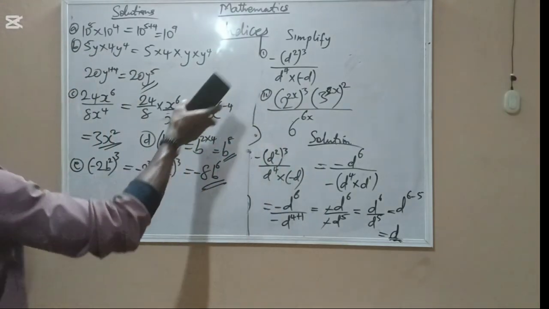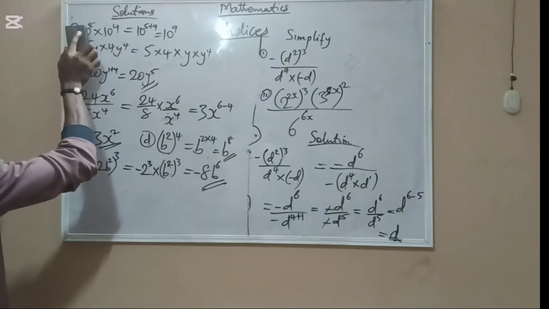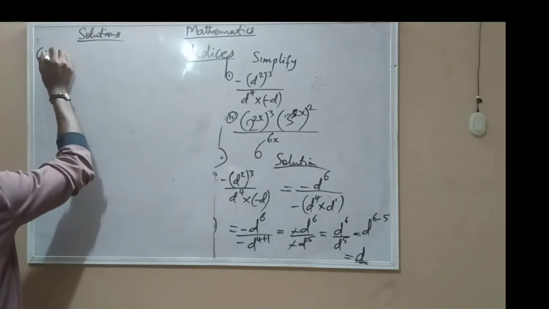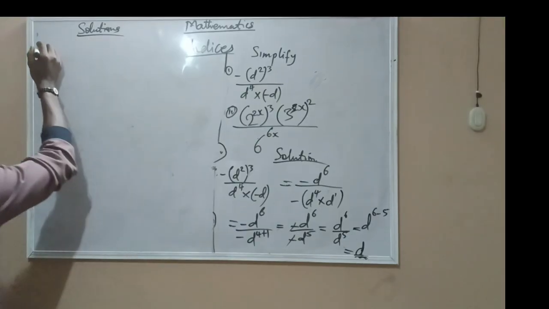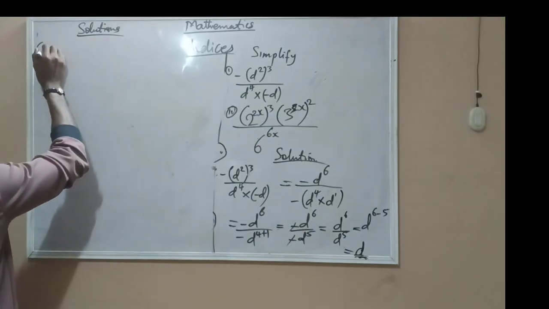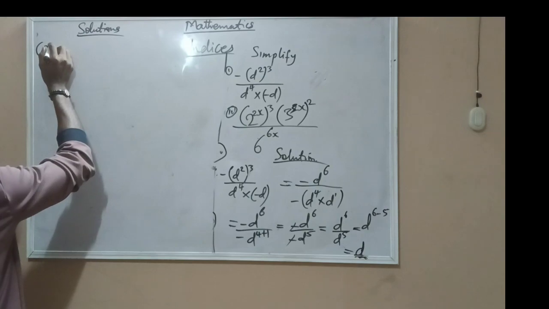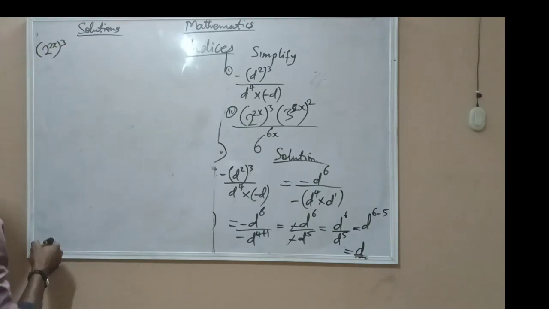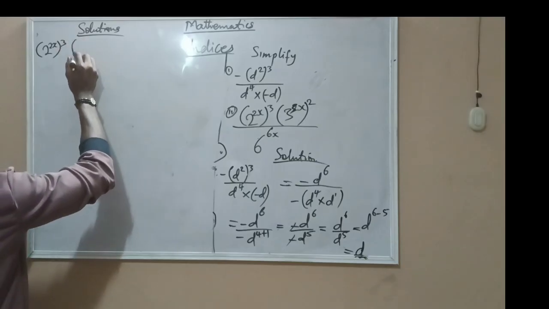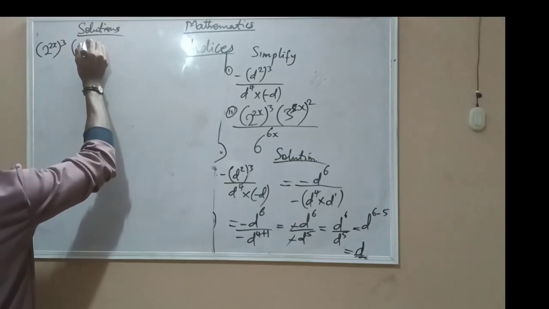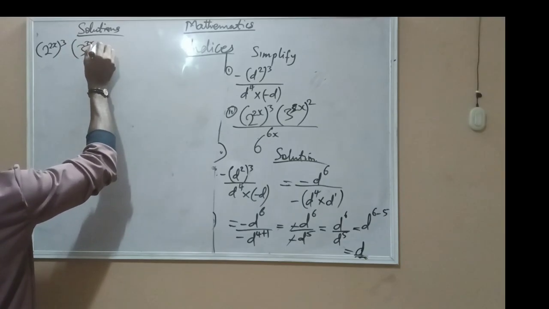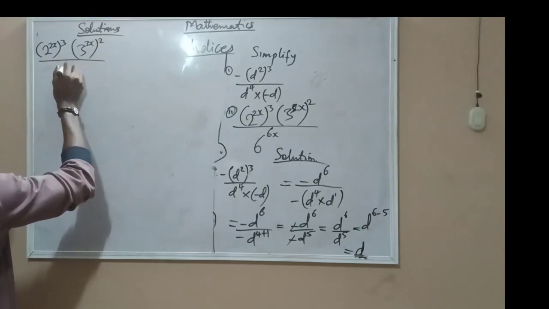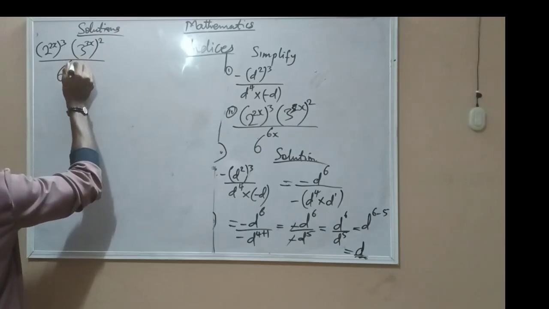So that very last one: bracket 2 to the power 2x all to the power 3, multiplied by 3 to the power 3x all to the power 2, then all over 6 to the power 6x.